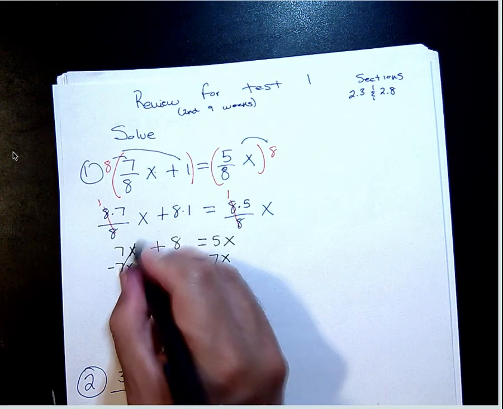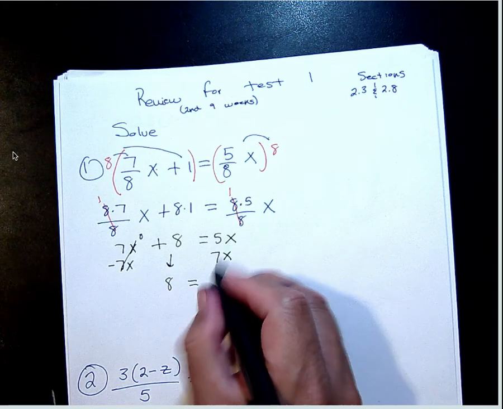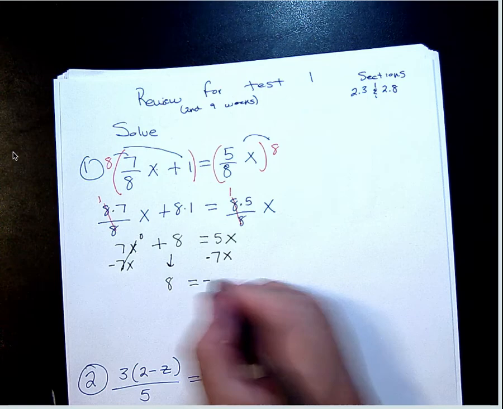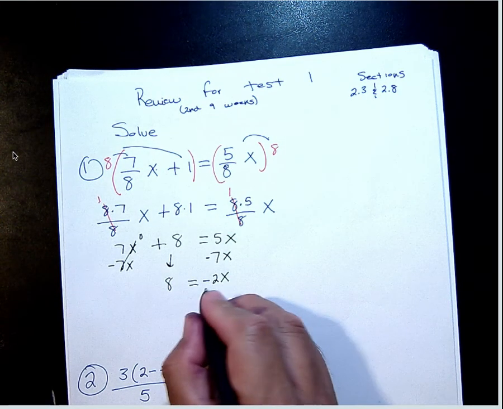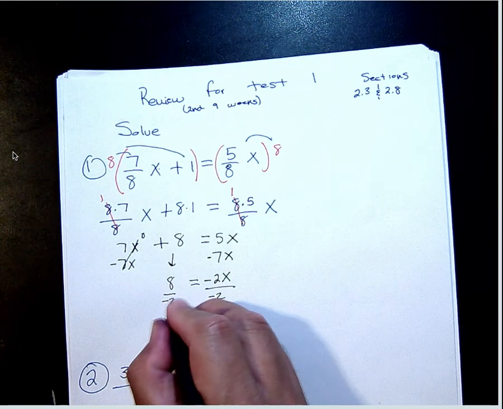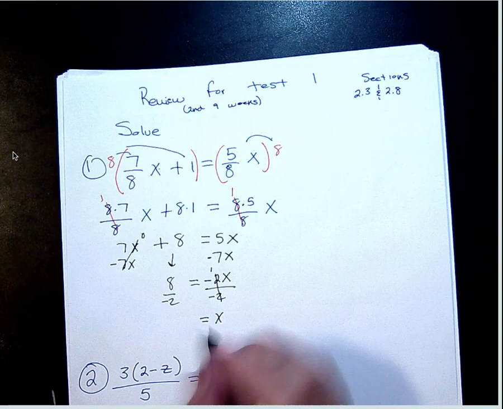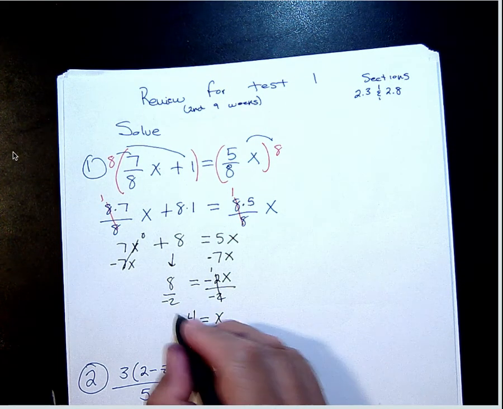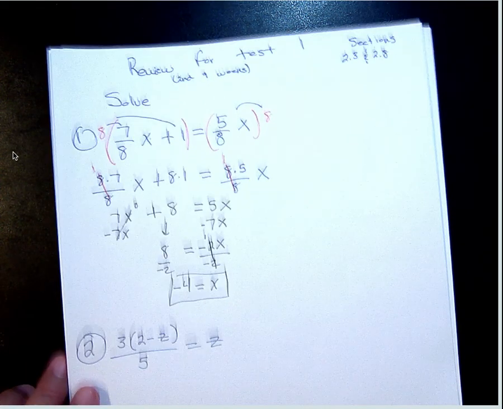So that's 0. Bring down the 8. And that's a minus 2x. And then divide by 2. So that becomes 1. So x is negative 4. And that's how you solve this type of equation.